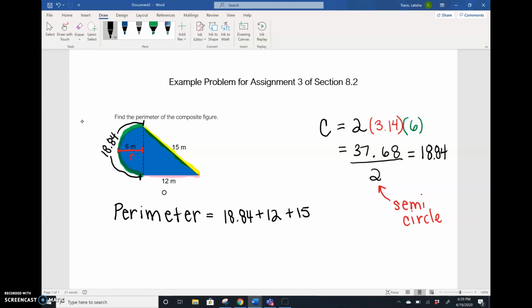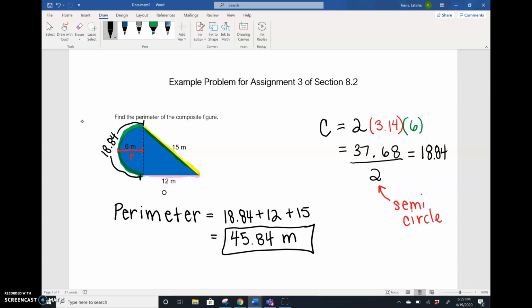So that is going to be, using my calculator here, if I punch the numbers in correctly, we should get 45 and 84/100ths meters. So this would be the answer to this problem.